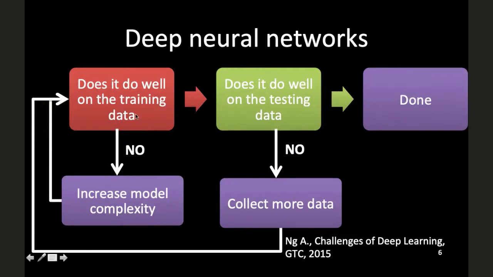Then you check if it is working on the testing data. If it is not, providing the other caveats like whether it overfits, you go and collect more data and iterate this loop, and then finally you are done with the desirable accuracy.